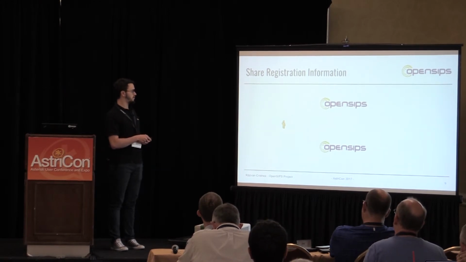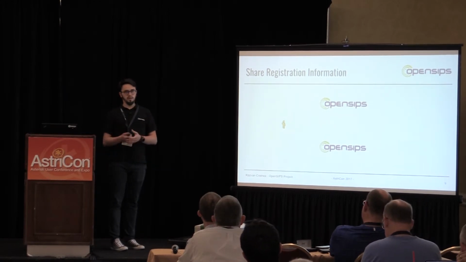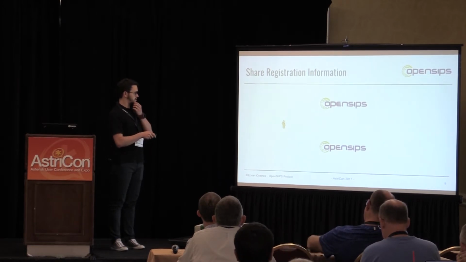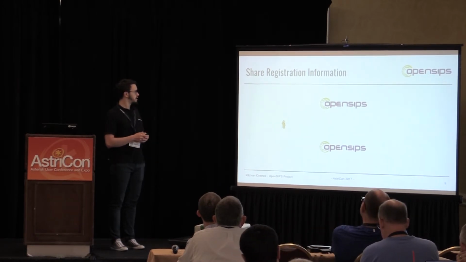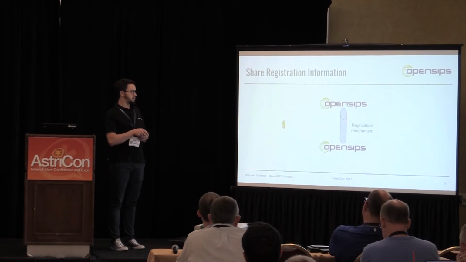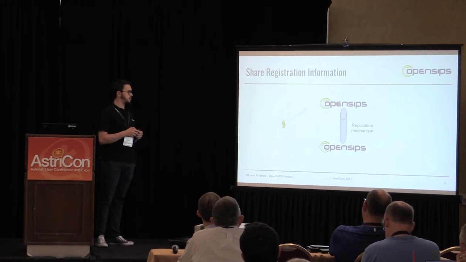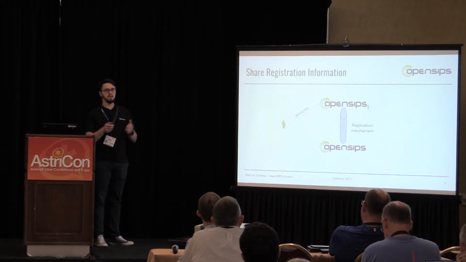So imagine that you have your customer, you have a DNS response that resolves to 2 different servers, and you have a replication mechanism between these instances. Now, when the client registers, let's say it chooses this server.